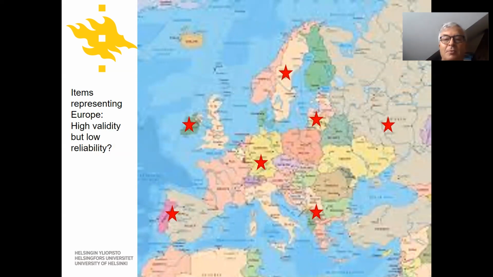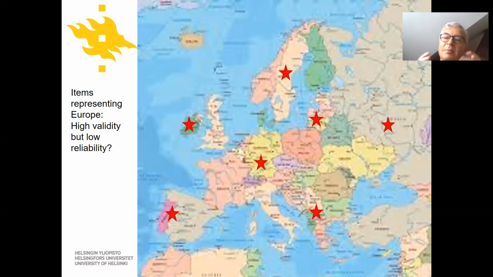Here again, you would have the same darts thrown much more broadly, and actually you would then conclude that you now have a high validity, because with those countries you'd have a fairly good representation of Europe. But on the other hand, you would have a low reliability because they are so broadly out.